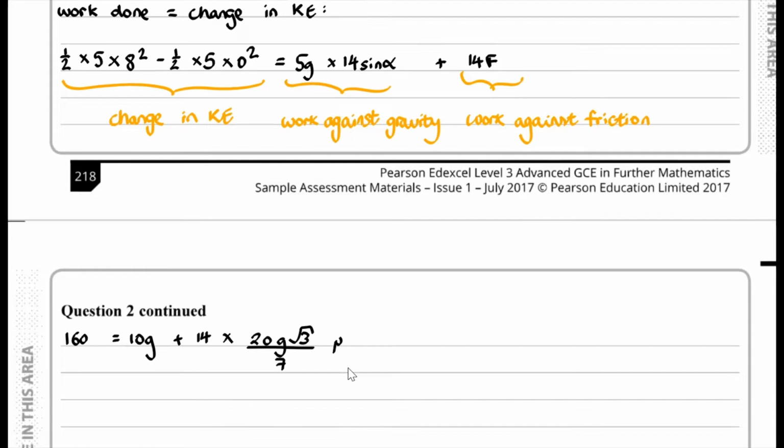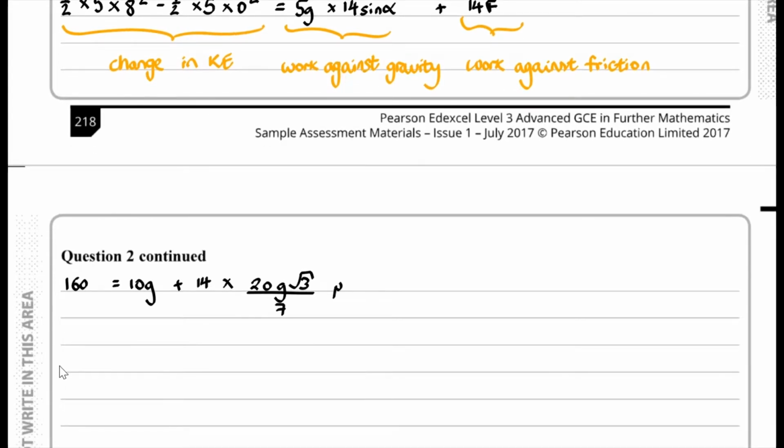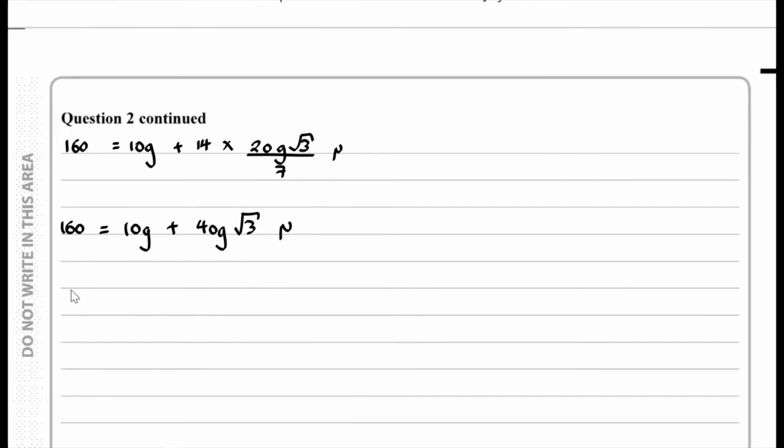So if we simplify a bit more, we have 160 equals 10g, and here we have 40g root 3 mu, and therefore if we solve for mu, mu is equal to (160 minus 10g) over 40g root 3.